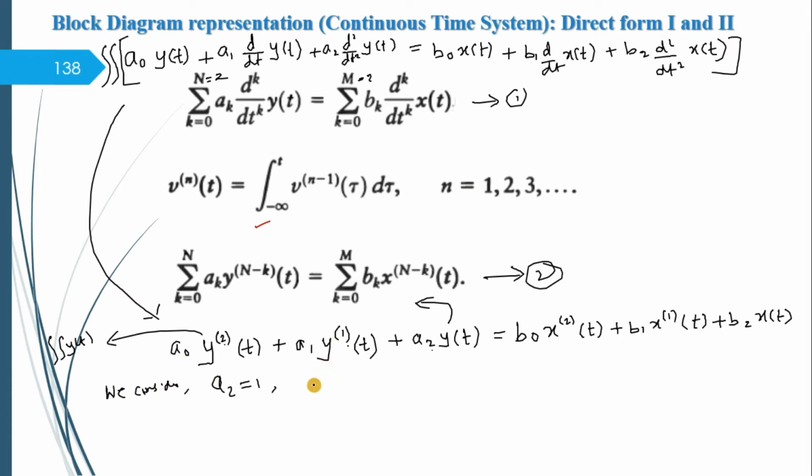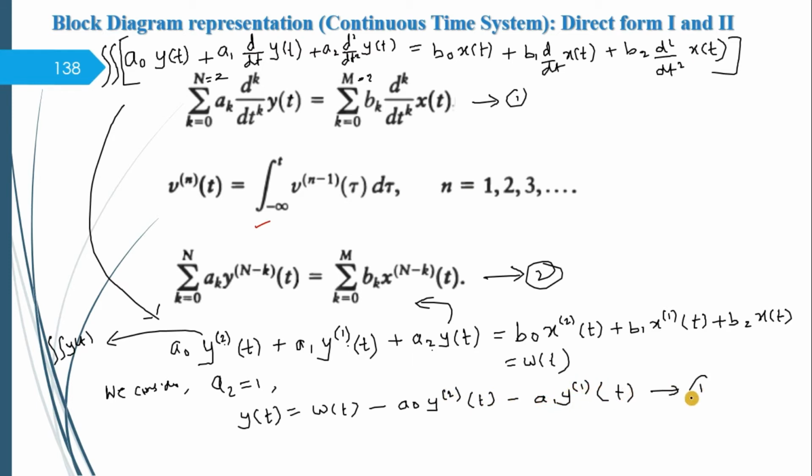Okay. So with that, if I want to write it, this y of t, I write it here, y of t. This right hand side I call as w of t, as we were doing in continuous time. So now what do you get? So w of t, if I take this to the other side, I get minus a naught y2 of t minus a1 y1 of t.